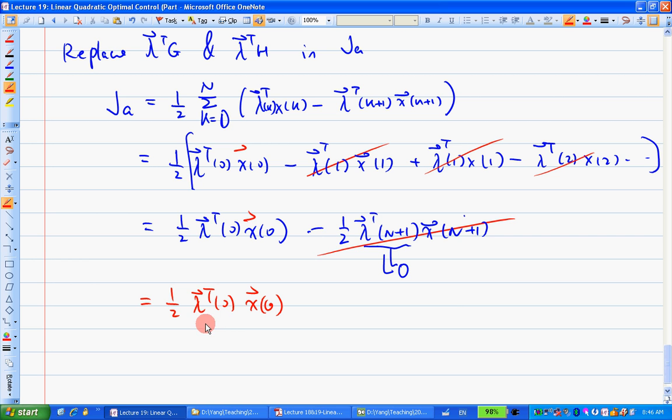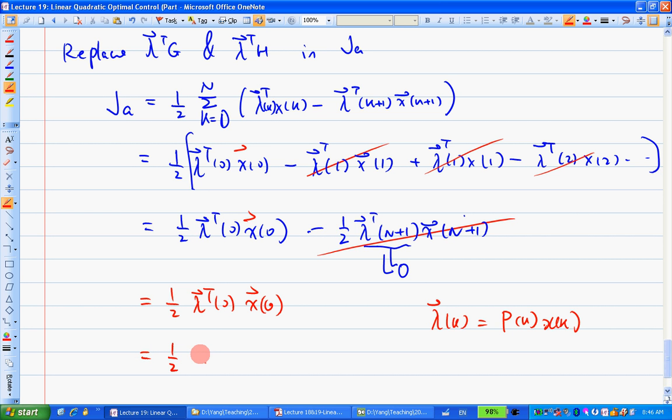Lambda of k is defined as P of k x of k. That's what we did in the previous lecture. So just replace this one here.